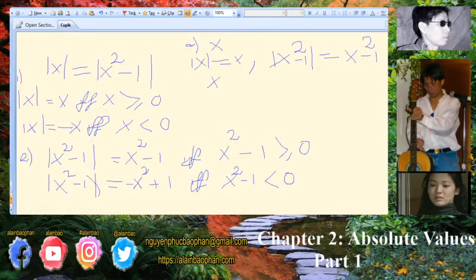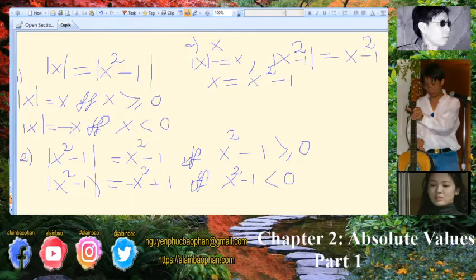That means x equal x square minus 1. Of course, it will go along with the condition, like x greater than or equal to 0, or x square minus 1 greater than 0. But now let's leave that alone.